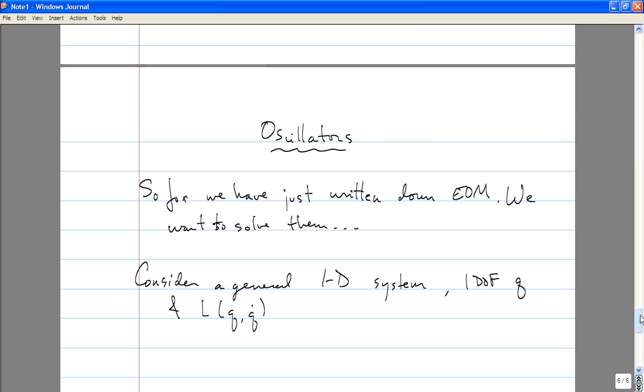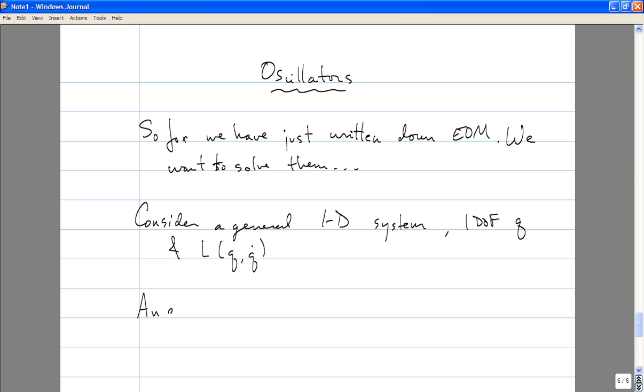Then, an equilibrium solution is one where Q is equal to a constant, and I will call that constant Q naught. So this is just what you usually think of as an equilibrium solution. The system starts with some initial configuration given by Q naught, and it stays in that configuration for all time.